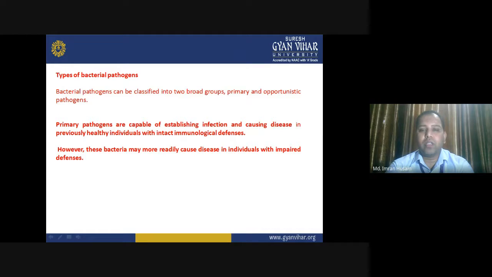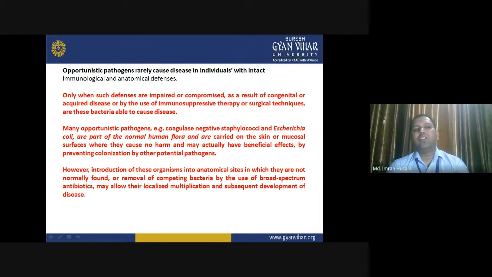However, these bacteria may more readily cause disease in individuals with impaired defenses. So they can also readily infect individuals who are not that strong or do not have a very good immune system. Opportunistic pathogens rarely cause disease in individuals with intact immunological and anatomical defenses.